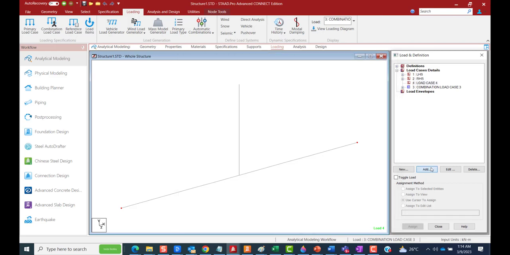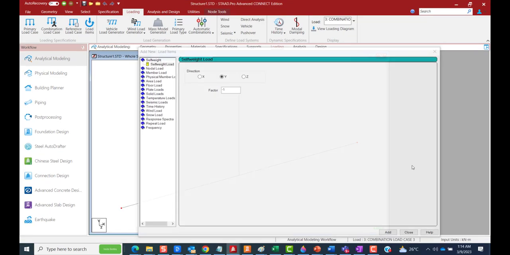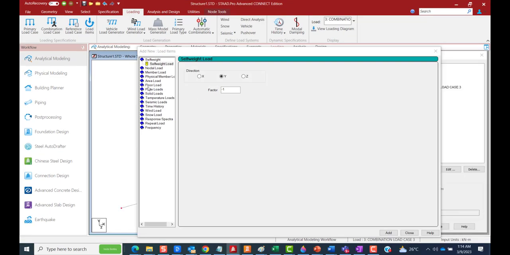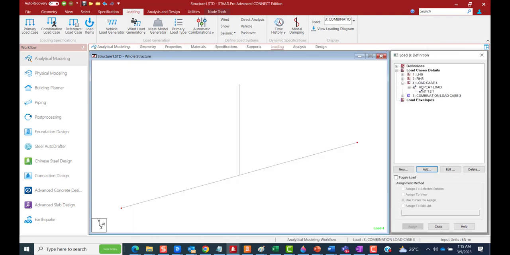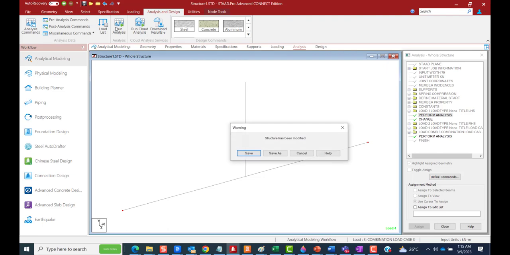It is a separate load case which the program actually solves by the stiffness matrix method. So that's the reason you are getting the exact result. So this is the repeat load, and let me drag these to individual load cases. And here you can see. Now let's perform this analysis.